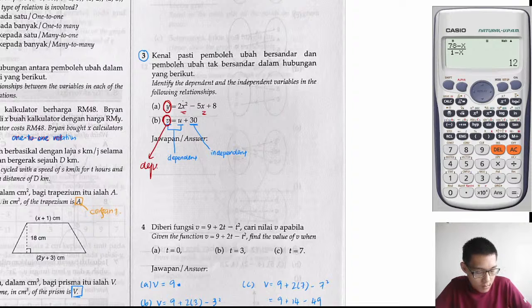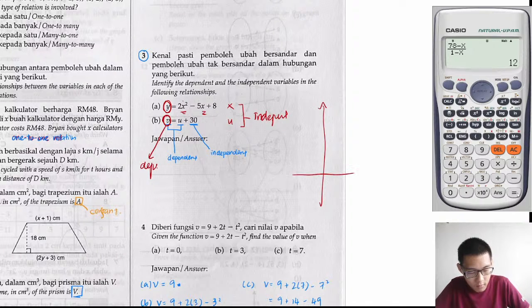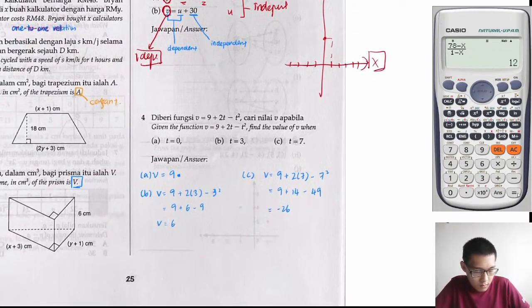These two, X and U, are independent. That's why we have x and y, right? For the x-axis, that means we can try to change it, and then we have a result of y. So the result depends on the value of x. So this one is correct.